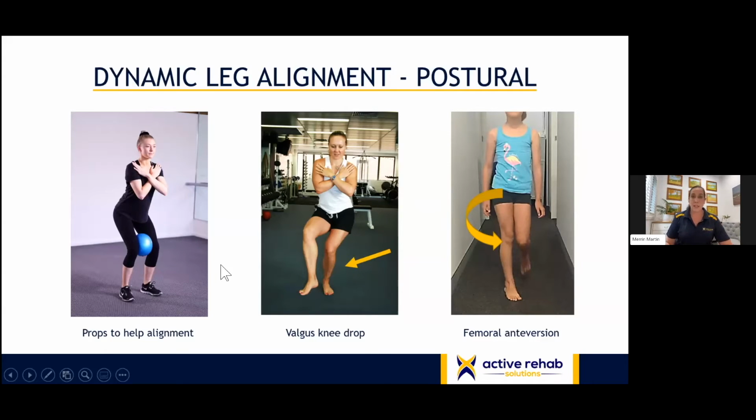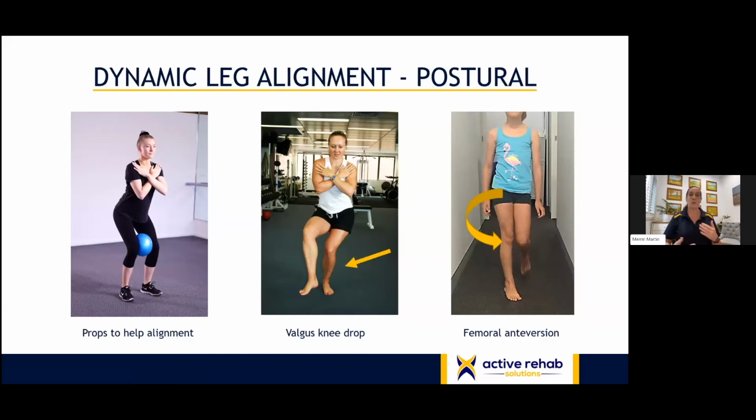So one of the ways that I look at maintaining the alignment or trying to encourage a better alignment is really simple: you can just pop a pillow, a rolled up towel, a little Pilates ball, whatever you have around, to show that client how to maintain that alignment.